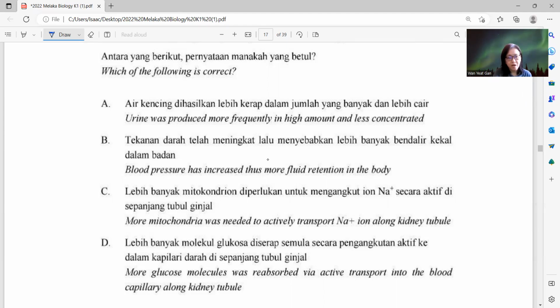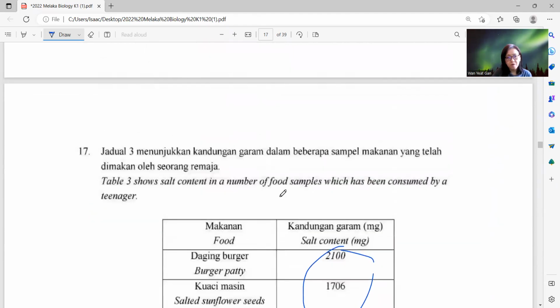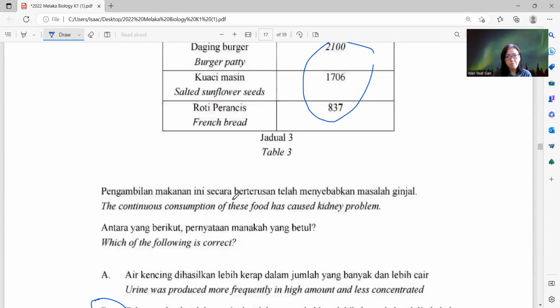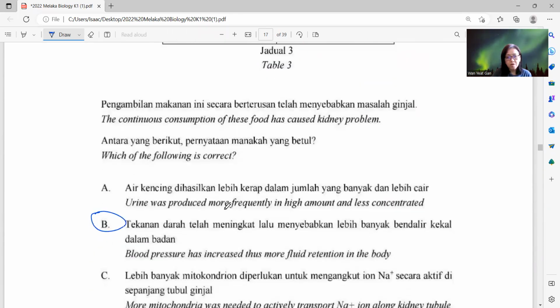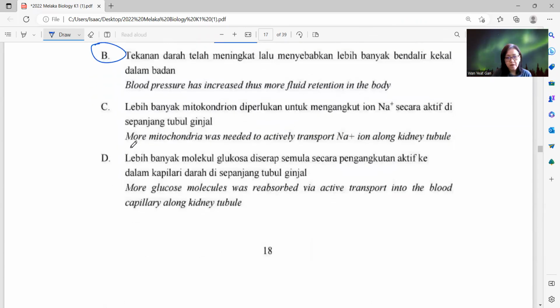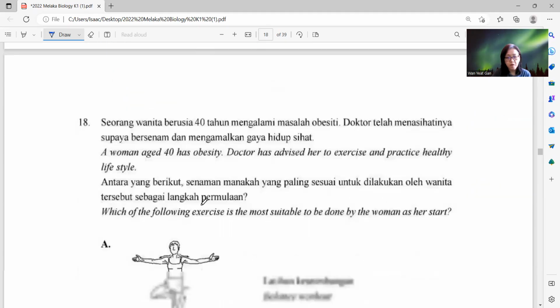So the answer is B. Now, urine will not be produced more; here it says more frequently, which is wrong. In fact, if it's high blood osmotic pressure, urine should be less. More glucose is not related either.